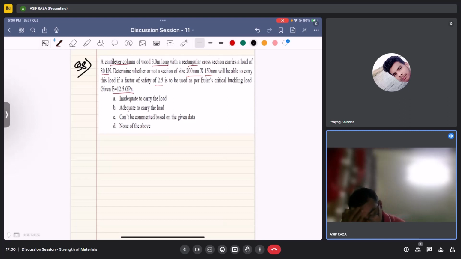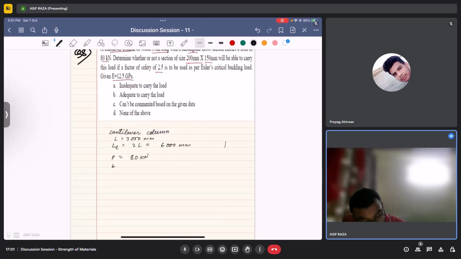So let us write first what all things have been given. So it's a cantilever column, length is 3 meter, 3000 mm. Since it's a cantilever column, effective length would be twice L, that would be 6000 mm. Okay. The rectangular cross section carries a load of P given as 80 kilonewton.